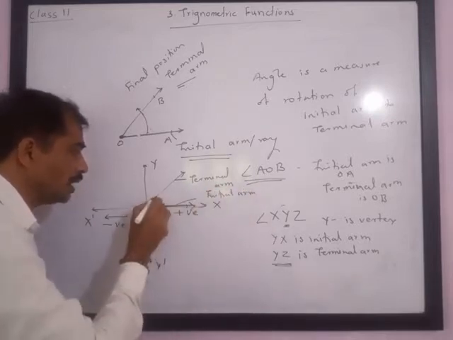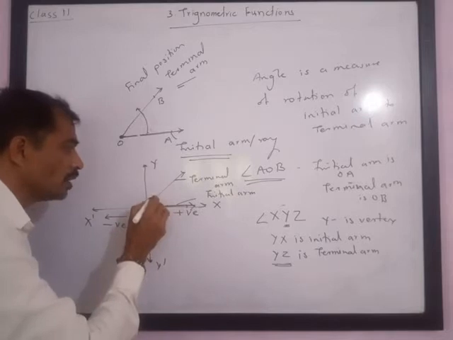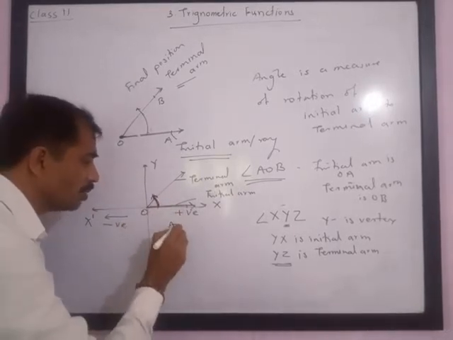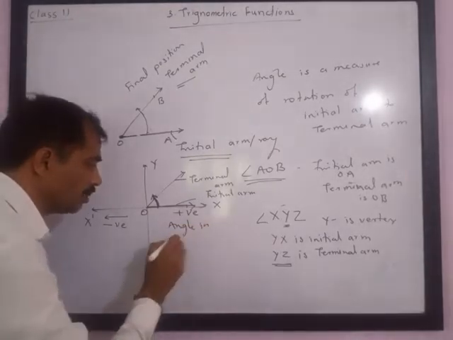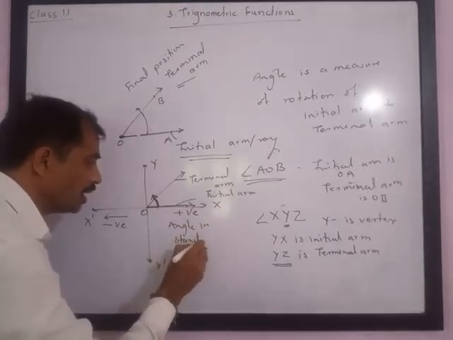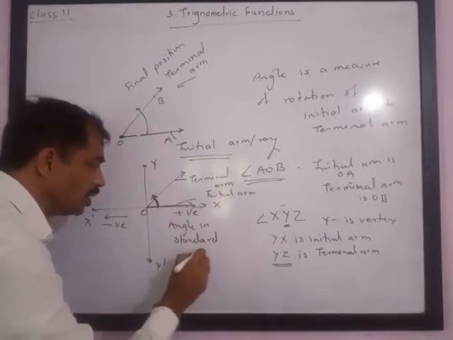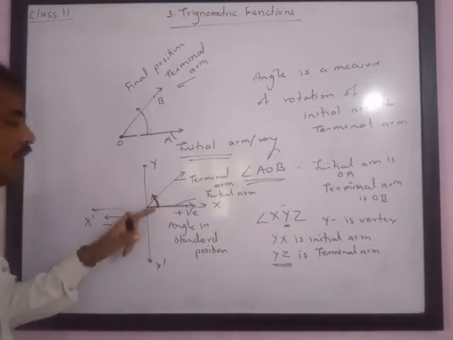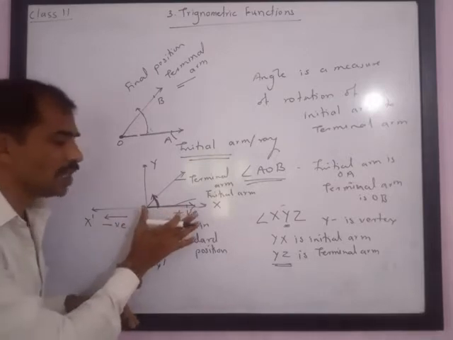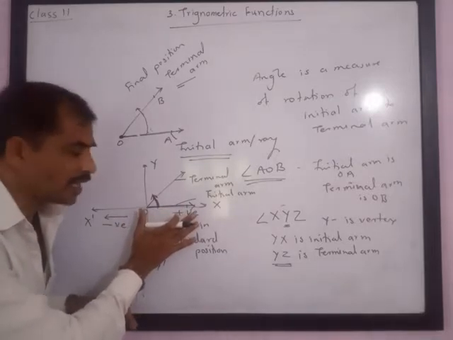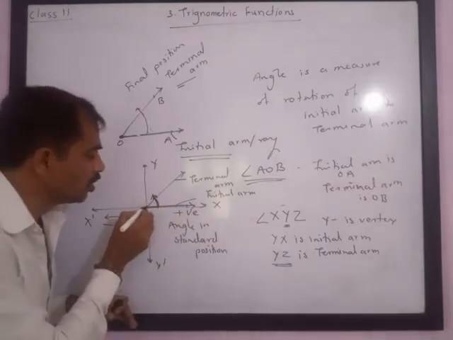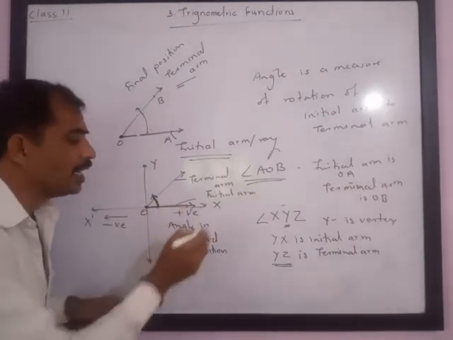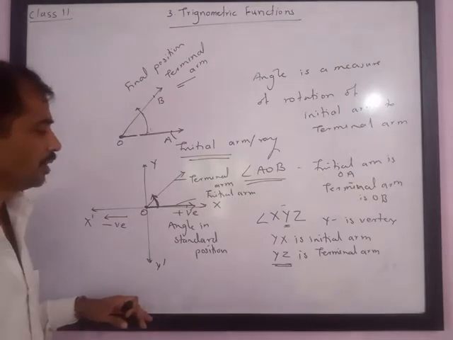Then this angle is called an angle in standard position. Please note, what does angle in standard position mean? If the initial arm is along the positive direction of the x-axis and the vertex is at the origin, then we call the angle an angle in standard position.